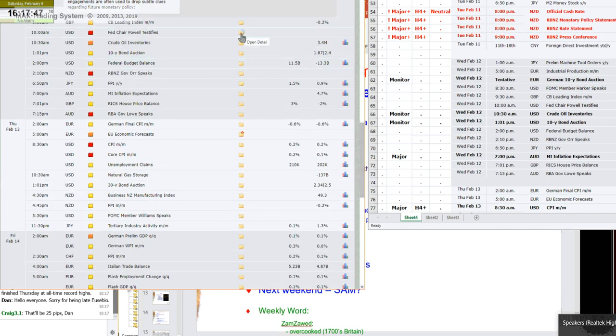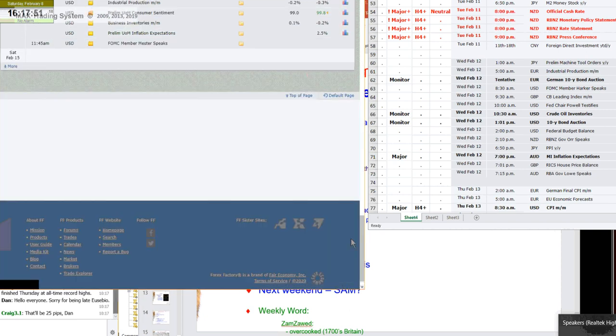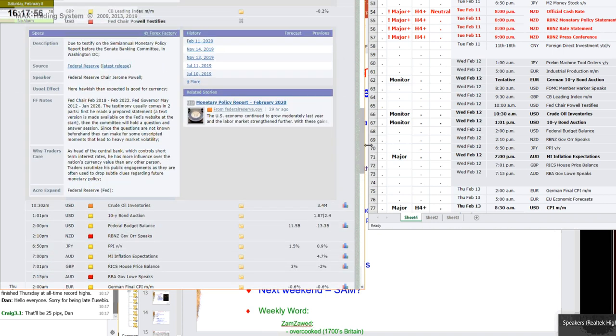Then we have Powell testifying again, so we have to monitor that. There he is, Eusebio. Yeah, to testify on the semi-annual monetary policy report. So it is a testifying. So it is important because he has to justify the decision of the Fed of the previous week. So, monitor it indeed. Okay, scrolling down.